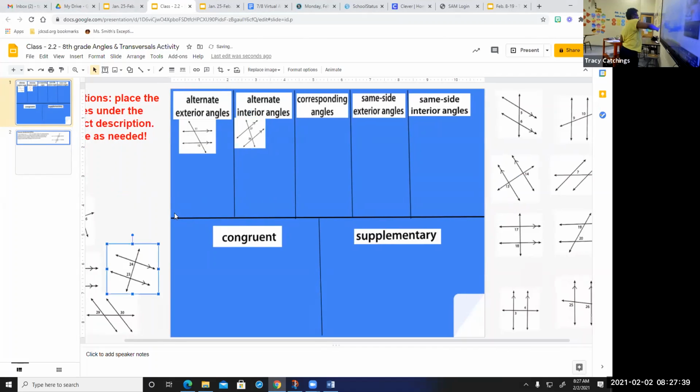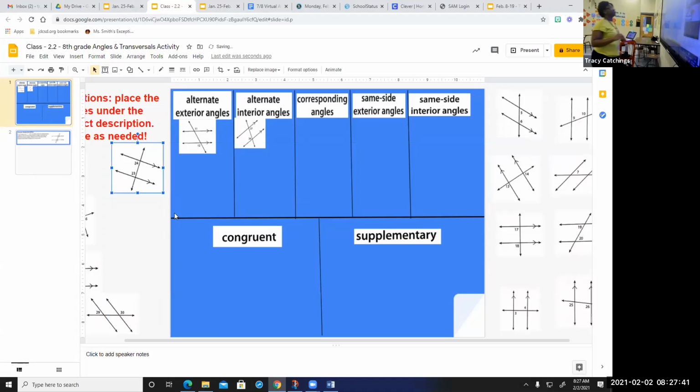All right, those of you that have yours, look at 24 and 23. What can we say about 24 and 23? They are same side interior.